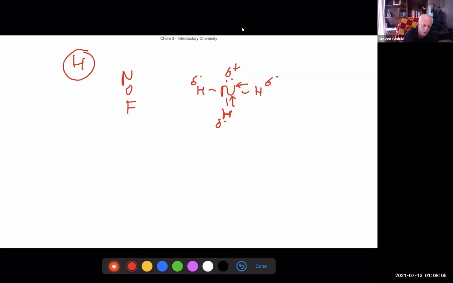Okay. So when this central atom is a nitrogen, an oxygen, or a fluorine, we're going to have hydrogen bonding because the electron is going to be pulled so far towards this inner element that you're going to get a net small charge on the outside.